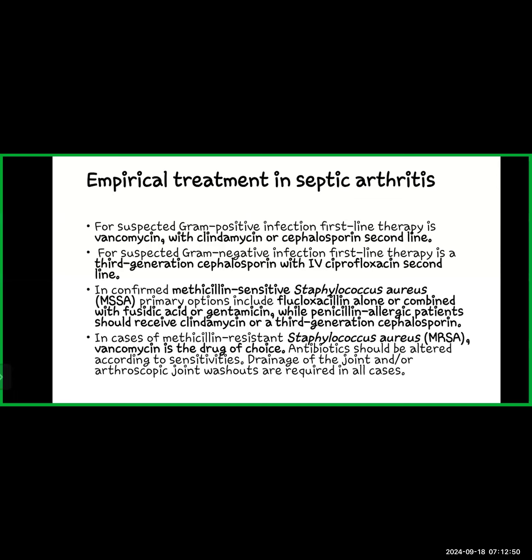For the gram-positive, the first-line treatment is vancomycin with clindamycin or a cephalosporin as a second line. While for the gram-negative, it's a third-generation cephalosporin with IV ciprofloxacin second line, sir. That's what I saw, sir.